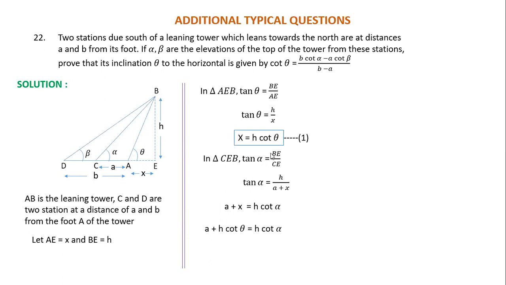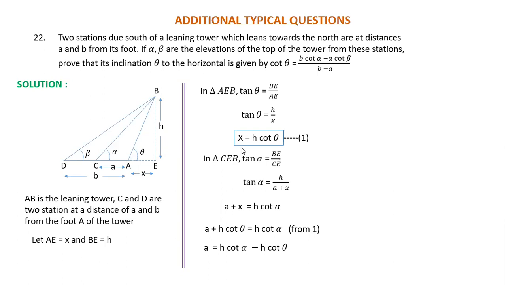Put X is equal to H cot theta from 1. So A is equal to H cot alpha minus H cot theta.